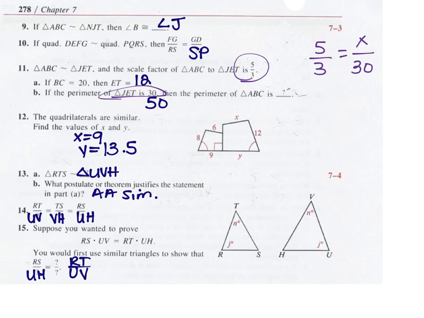And then 15, it says suppose you wanted to prove that RS times UV equals RT times UH. You'd first use similar triangles to show that the sides are proportional. So RS over UH would equal RT over UV. And then if I wanted to go from here to here, that would be the cross product property.